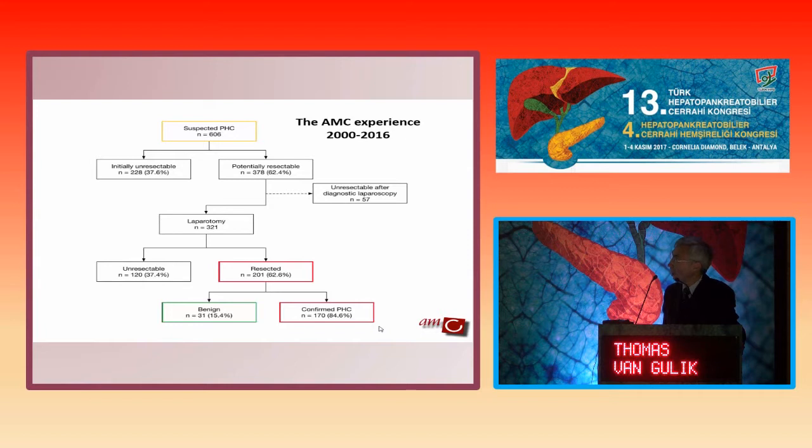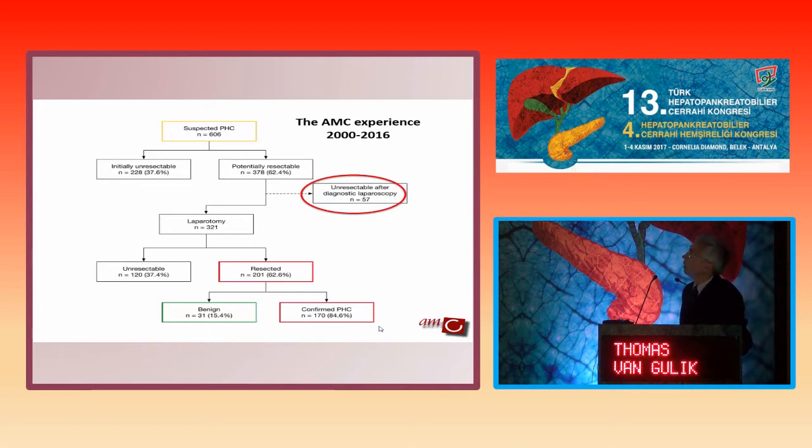So in the end, about 1/3 of those 600 patients are resected, and of those 200 patients, not all have a proven malignancy, but there are some 50% who appear to have a benign lesion in spite of all the diagnostics we did, and all those patients were resected on suspicion of a perihilar carcinoma.